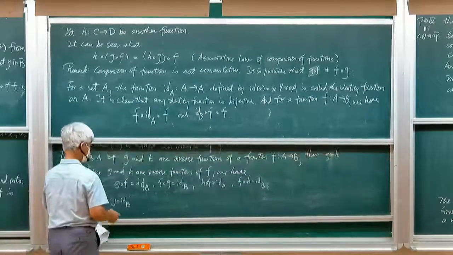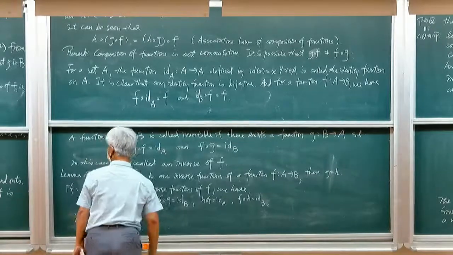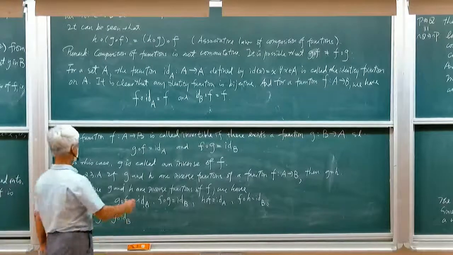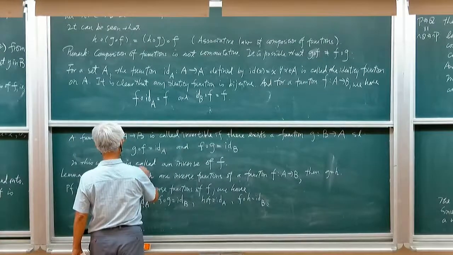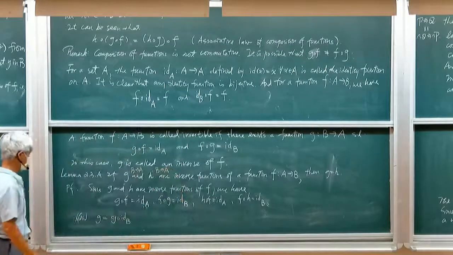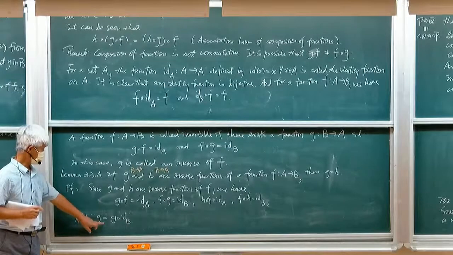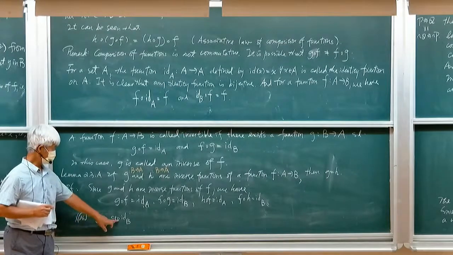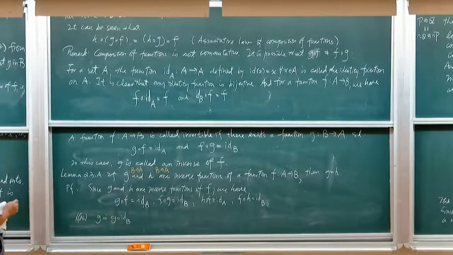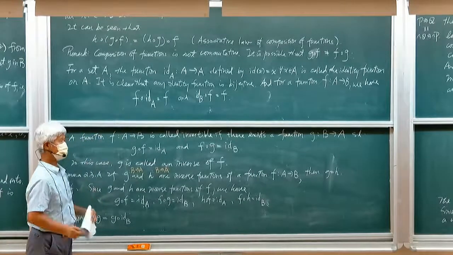Remember, g and h are functions from B to A, because f is from A to B, so g is from B to A, and h is also from B to A. So the domain of g is B, and g equals g composed with id_B. This is called the unity property.